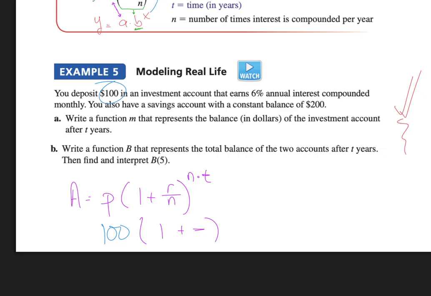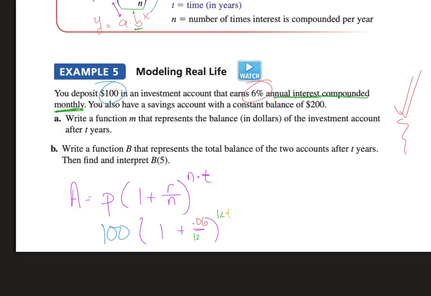And then you earn 6%, 0.06. And let's see, it's annual interest compounded monthly, 12. And then that's it. So here, don't forget your t.